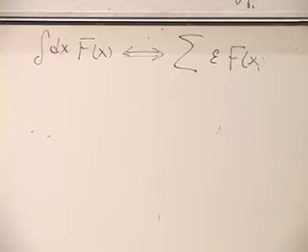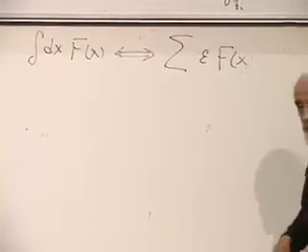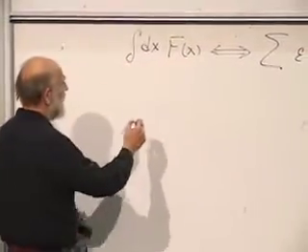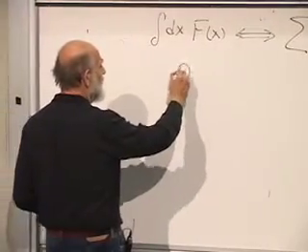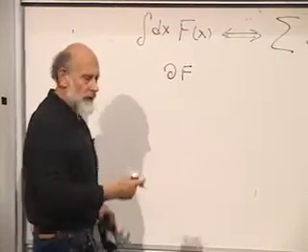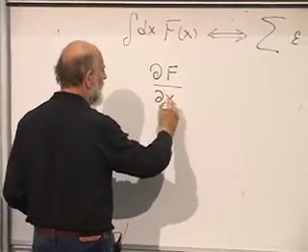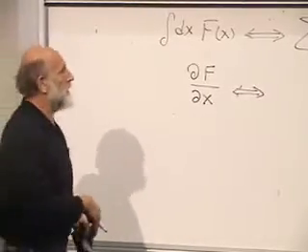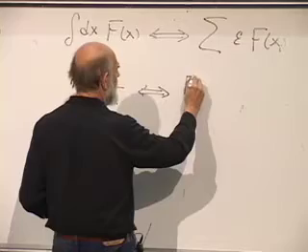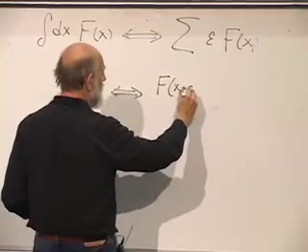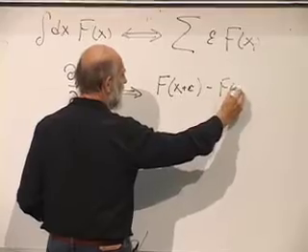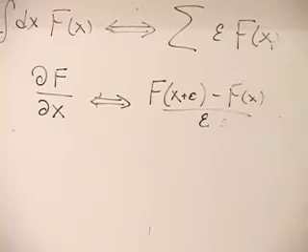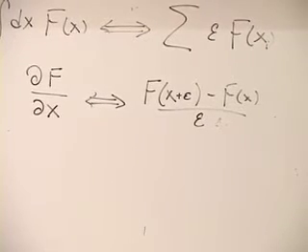So all we have to do is replace sums by integrals, and likewise replace differences by derivatives. A function df by dx is, of course, the limit of f of x plus epsilon minus f of x, divided by epsilon. All right, we use that when we replace these things here by derivatives.